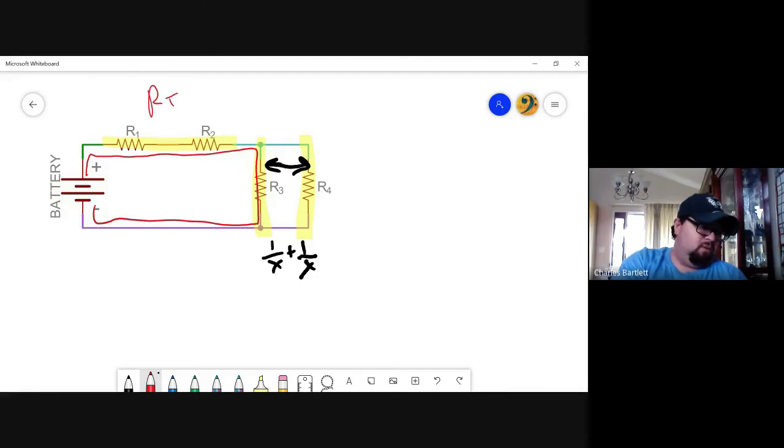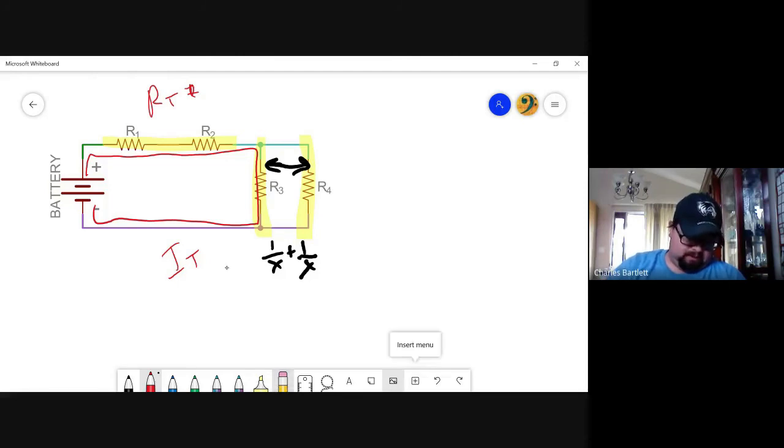Again, for review, once you get RT, if you have voltage, you can get IT. Once you get IT, then you can work out everything. You can expand these out and get all the answers.